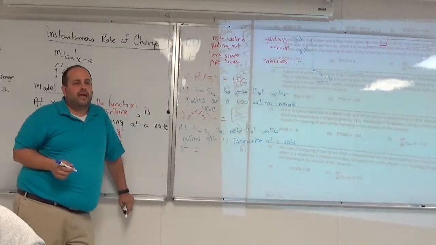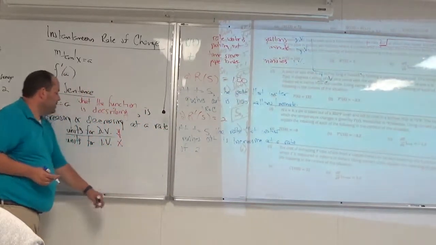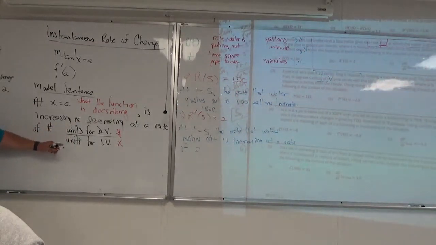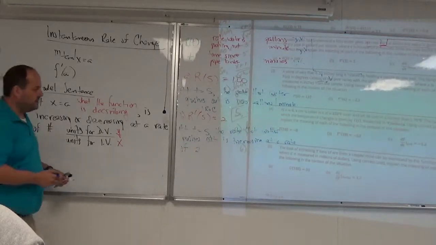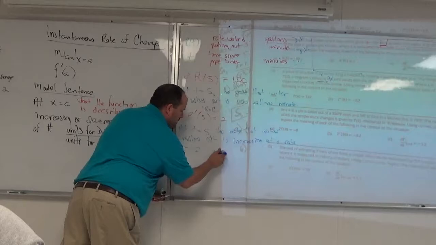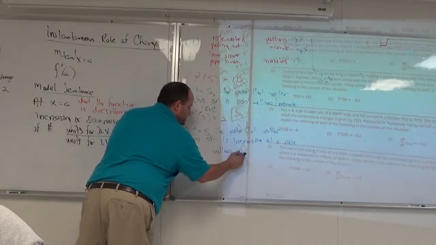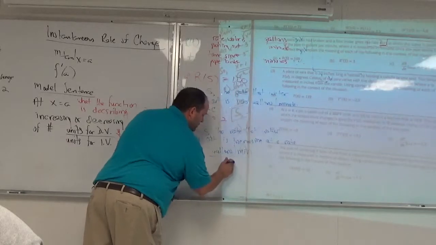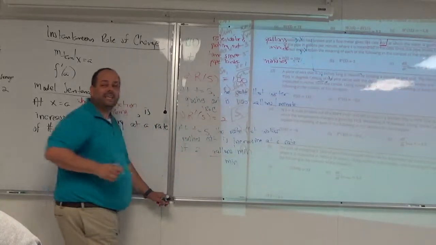The units, we have to be careful here. It's the units for the dependent variable divided by the units for the independent variable. What are the units for the dependent variable? Gallons per minute. It's gallons per minute over minutes.